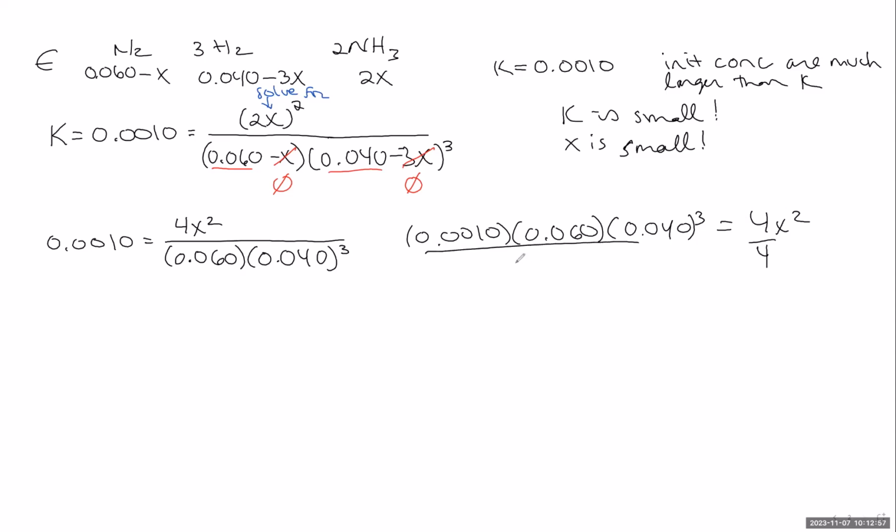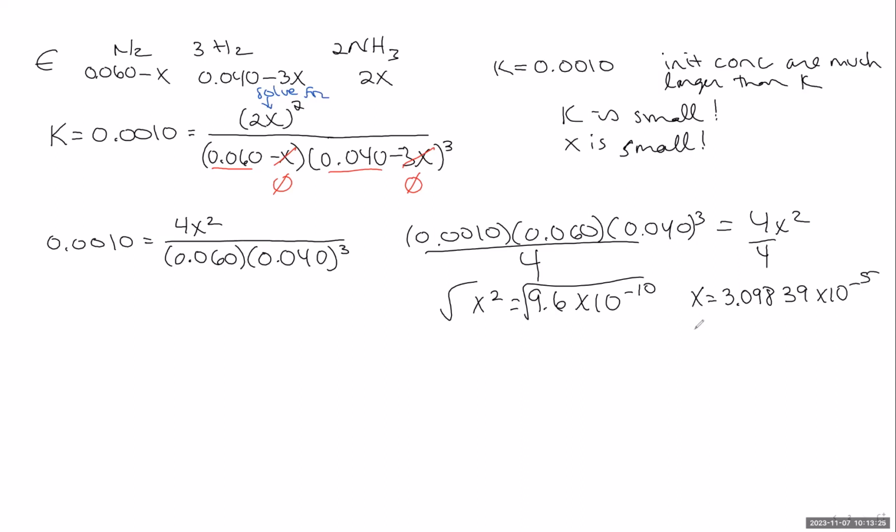Now let's go ahead and divide both sides by 4, and we're going to end up with x squared equal to 9.6 times 10 to the negative 10, okay? We want to take the square root of both sides of that, and we are going to end up with 3.0983 times 10 to the negative 5.